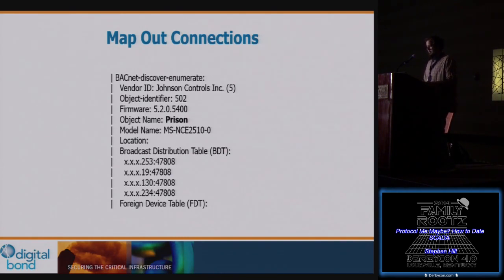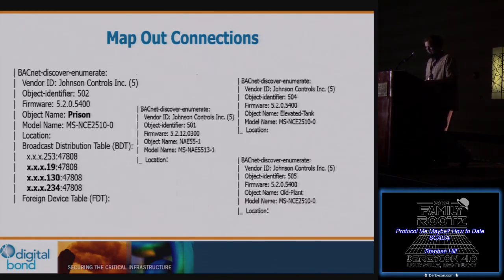Once you do the BDT, you can then pull information out about the devices it's communicating to. Here's an interesting one I found online: Prison, a fairly interesting object name. Then you can start mapping out all their connections to find out more about the device, what it is, what it does.